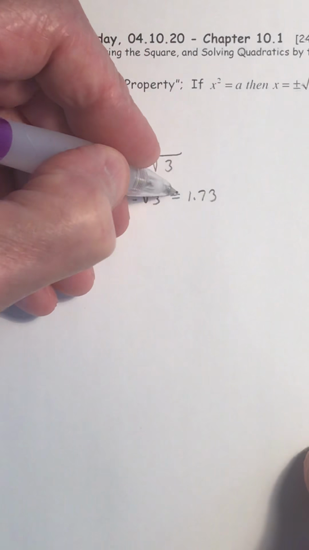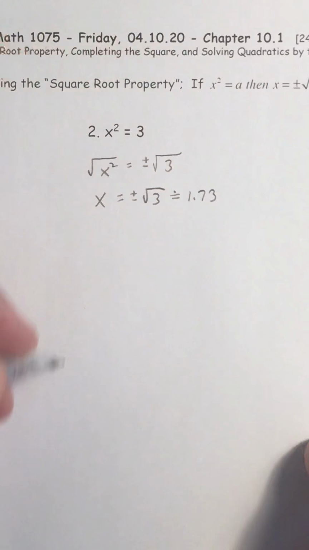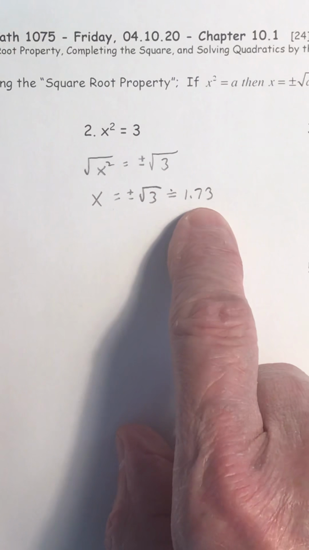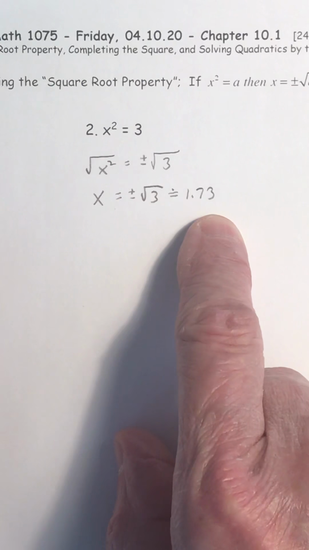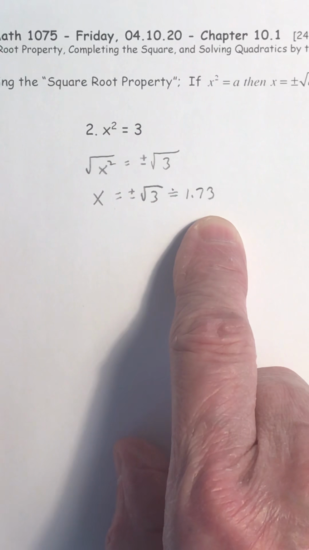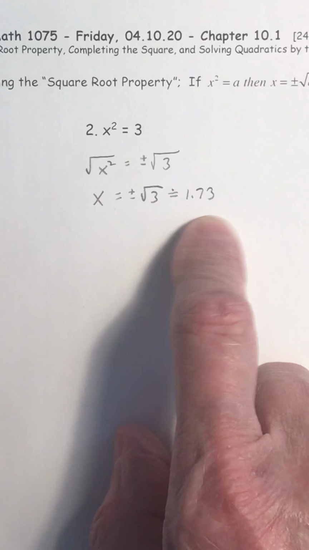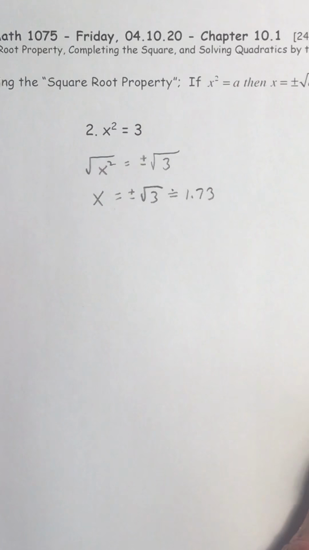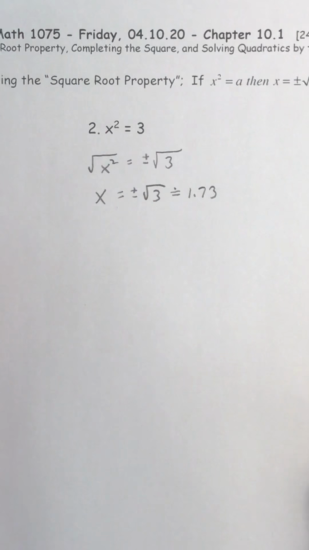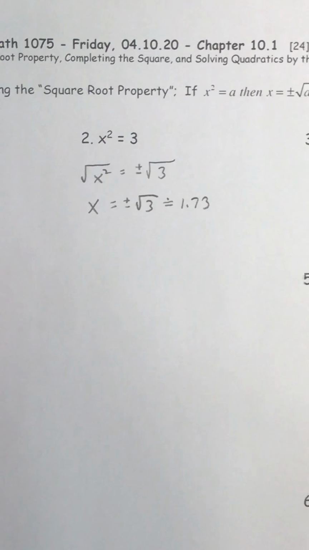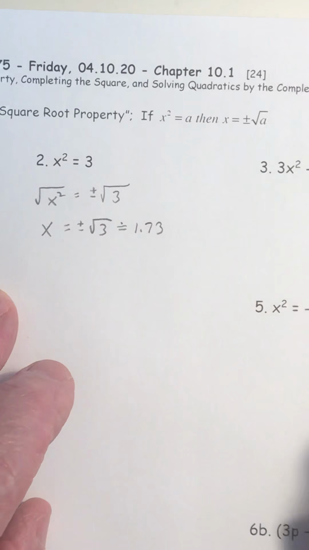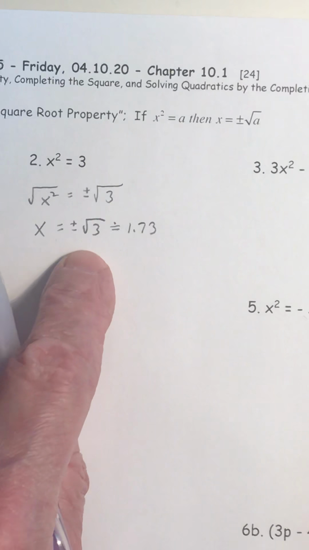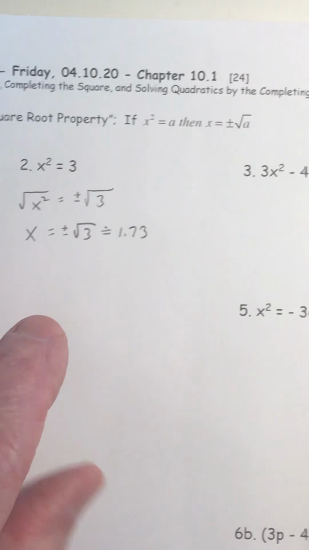If I put a little dot on top of the equal sign, that indicates approximately equal. Okay? Should you change this and round off? Only if you're explicitly told to, or if you're making a part, or you're 10 years down the road and you're on your engineering job, or you're a doctor or something like that, and you need a real number to work with. But we leave it like this.